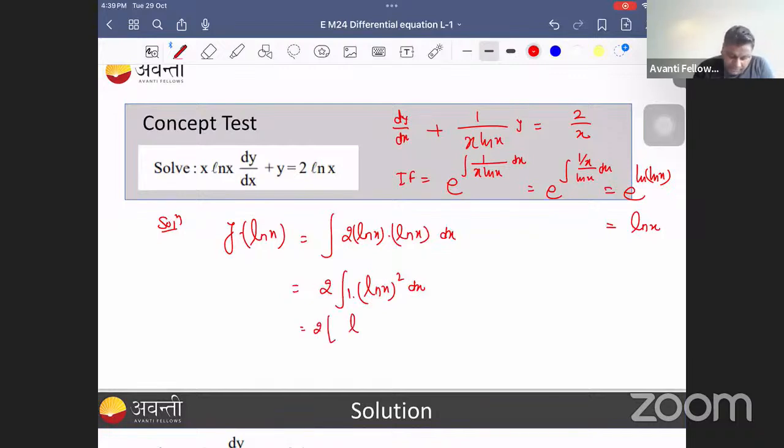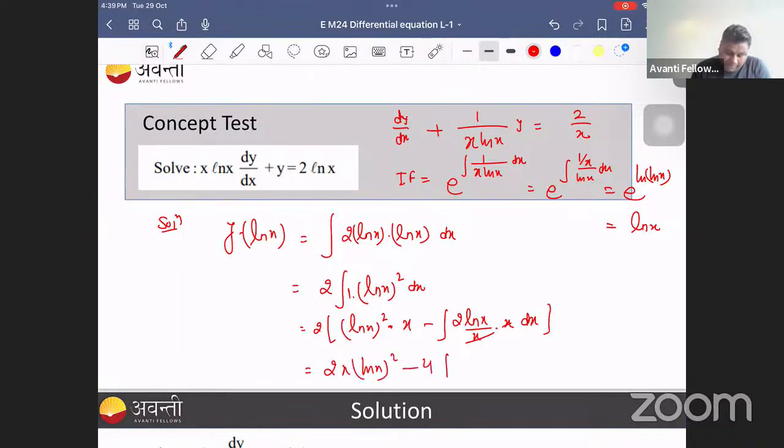So first is ln x square, integration of second is x, minus the integration of the first's derivative, so it is 2 ln x upon x, times the integration of second, x dx. X cancels. So it is 2x ln x square minus 4 times the integration of ln x dx.